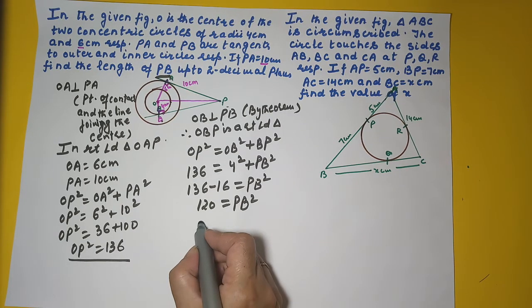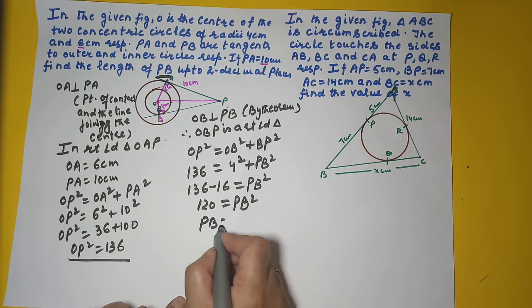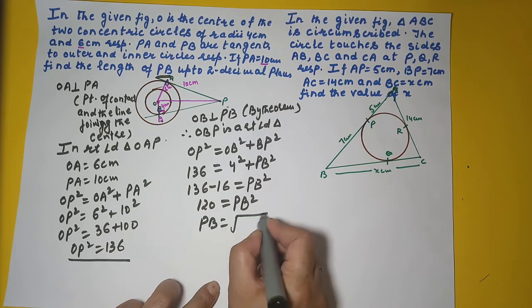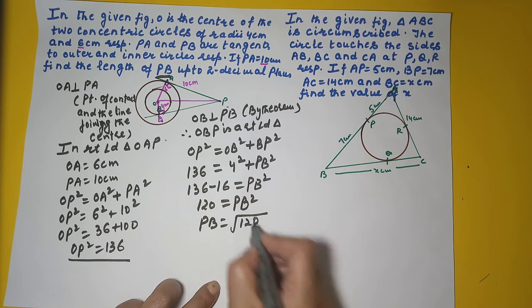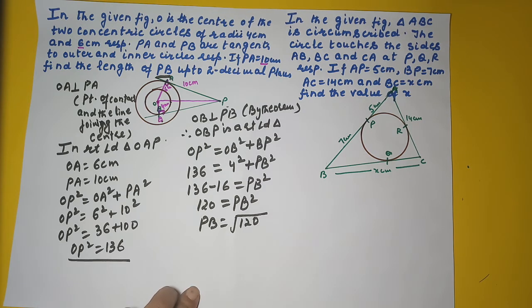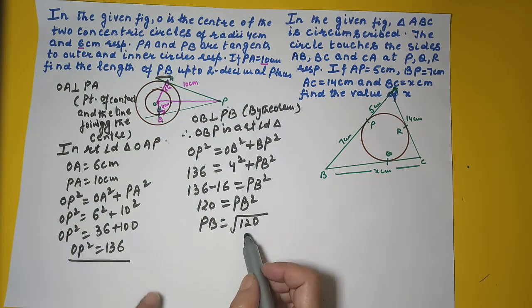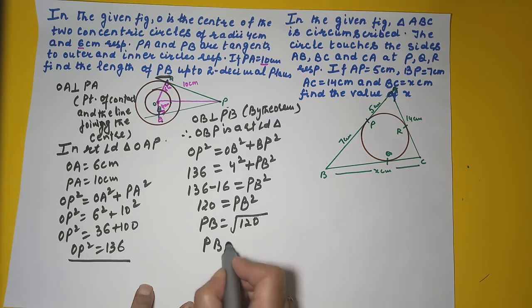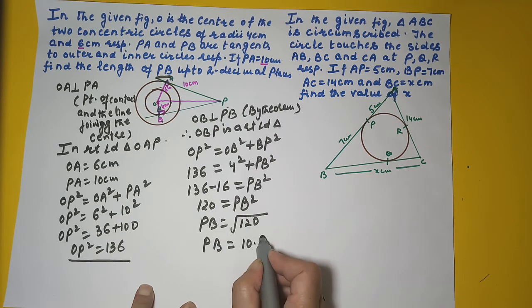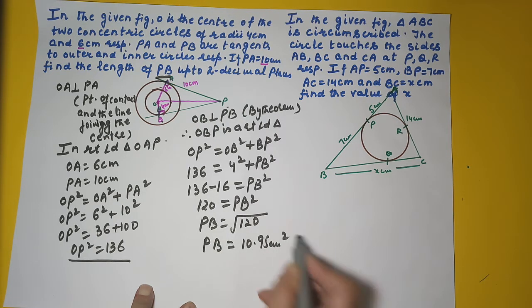Now your PB is under root of 120. So you have to find the value of this up to 2 decimal places. So PB will be 10.95 centimeter, right? Okay.